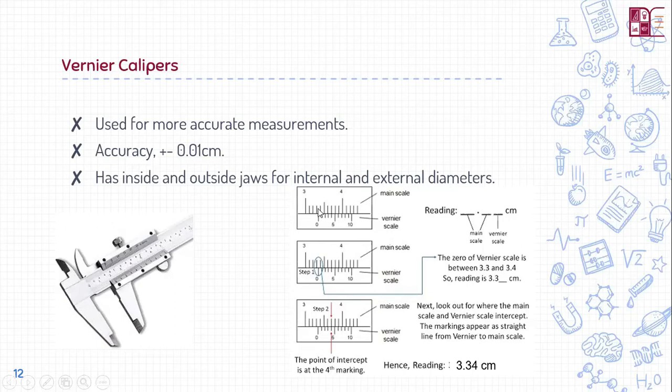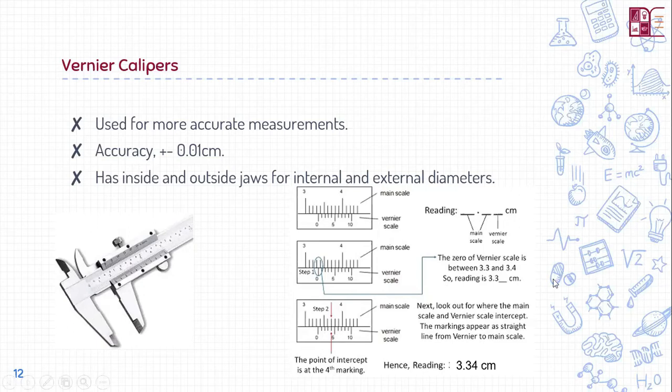Now, let's look at these steps on how to take the reading. The first part is you've got this main scale here, so it's 3.1, 3.2, 3.3, and you can see the vernier scale starts, the 0 is between 3.3 and 3.4. So the first two readings from the main scale is that it's somewhere between 3.3 and 3.4.